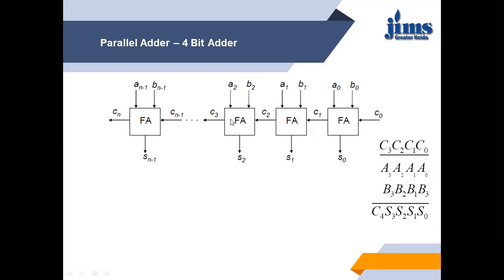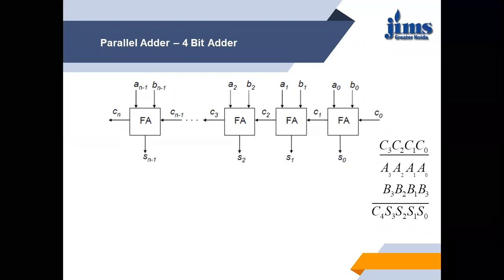And in this way, the carry is propagated from one bit to another bit. If you have a 64-bit processor, then in such a way we have to use 64 full adders to produce a 64-bit sum and 1 bit of output carry. So this is the approach how we can add two n-bit numbers A and B in parallel mode.